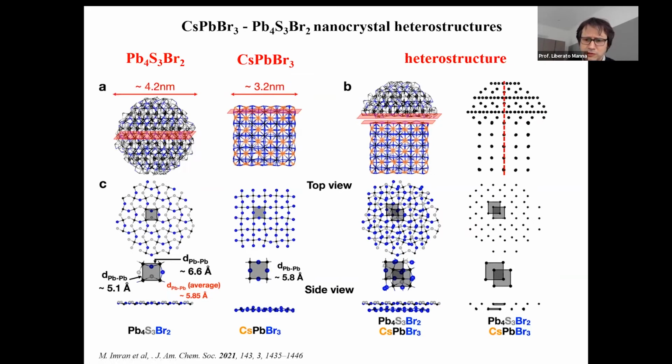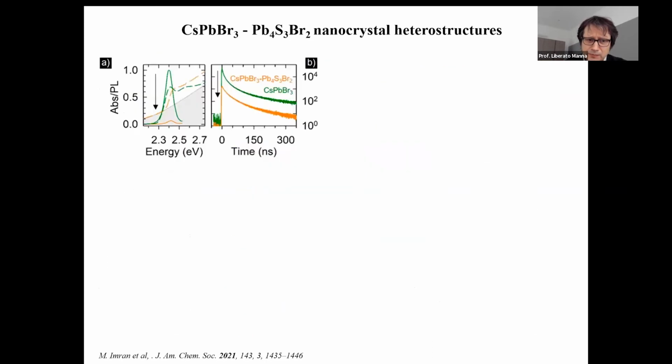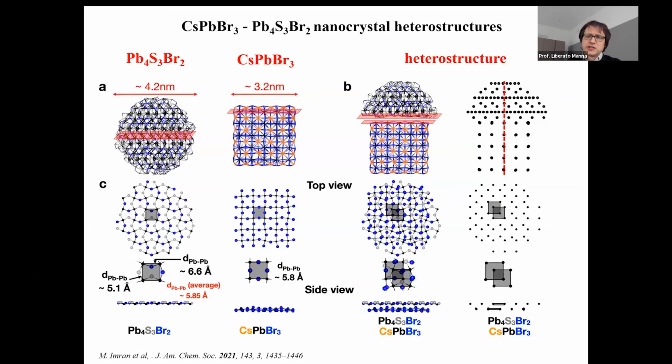Now, I'll spare you all the optical characterization that we did on this material. It's actually not very interesting. Basically, this heterostructure completely quenches the emission from the halide perovskite.